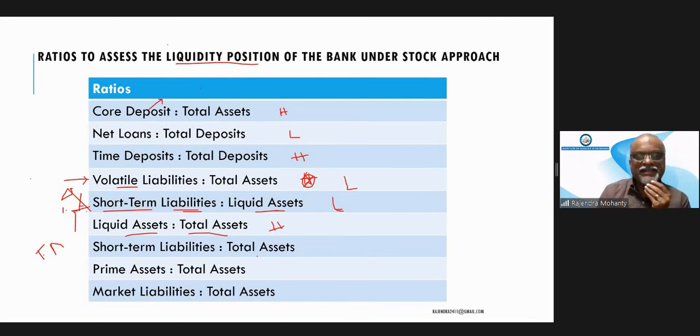Assets are ours. We are not going to give them to somebody. Their inflow will be coming. When you think of total assets, some of those assets are going to bring inflows.